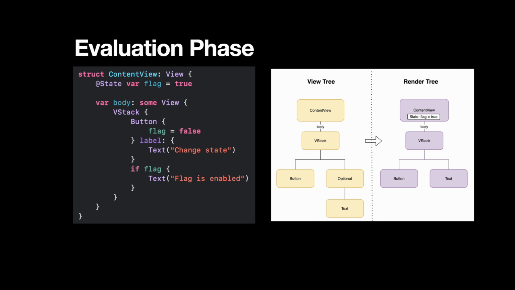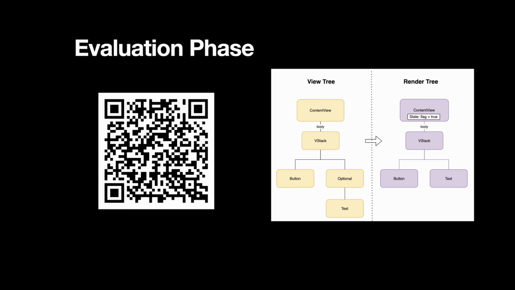After that, the related render subtree is invalidated. After that, a new view tree is constructed and the render tree is updated. I can recommend this post from Chris Eidhof called A Day in the Life of a SwiftUI View if you want to know more about how the render tree works.